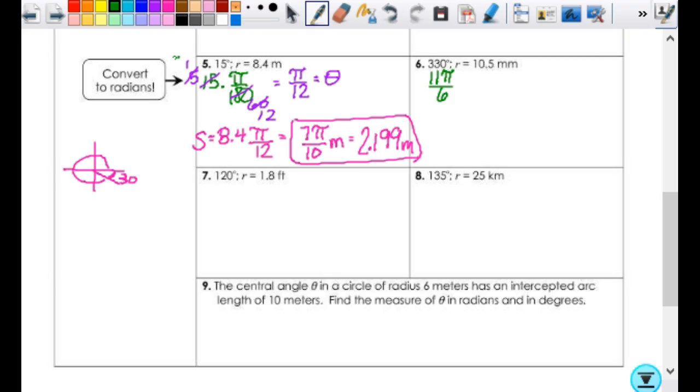All right, so then our arc length is r, which is 10.5 times 11 pi over 6. Go ahead and get the exact answer and make sure you're typing them in too. Don't wait for somebody to do it for you.